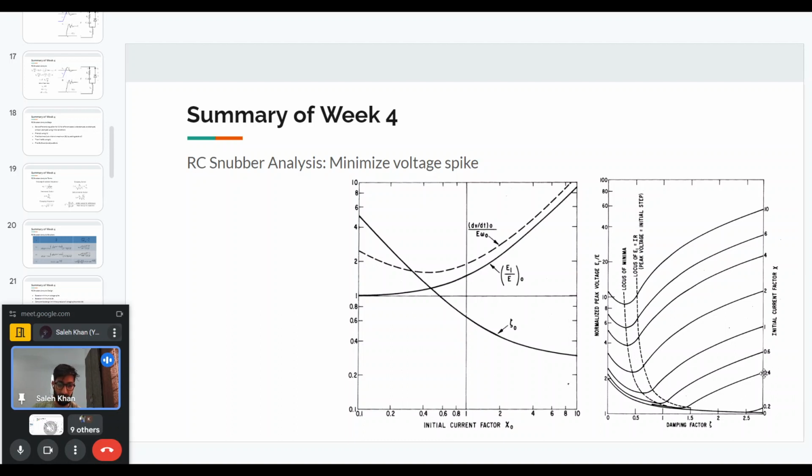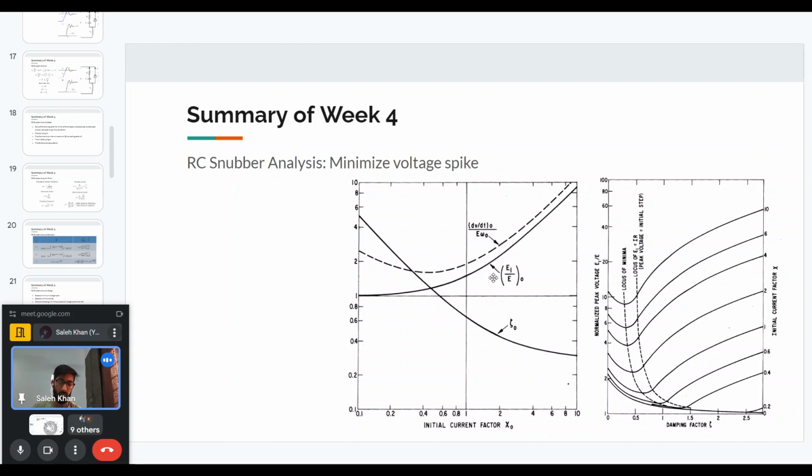For example, if the chi is 0.4, then the minimum value would be, let's say, 1.2 somewhere. Similarly, we can plot all these different values like this in this figure. And in the same figure, we can also plot the value of zeta for these minimum points.